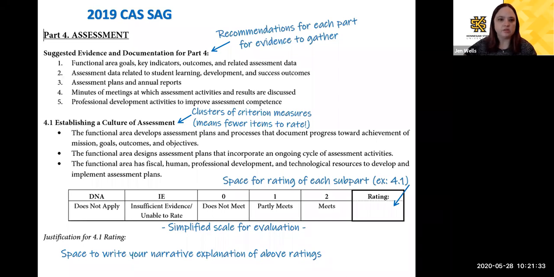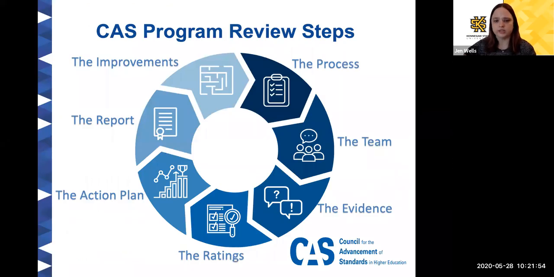What I like to tell people is it does not mean you have to collect all of these things, but a lot of times with evidence, it becomes a place where people are paralyzed or they think they don't have a lot of evidence. And so we really want to provide examples to help you with this process. That is the most time-consuming aspect. We also clustered our criterion statements to help you out.